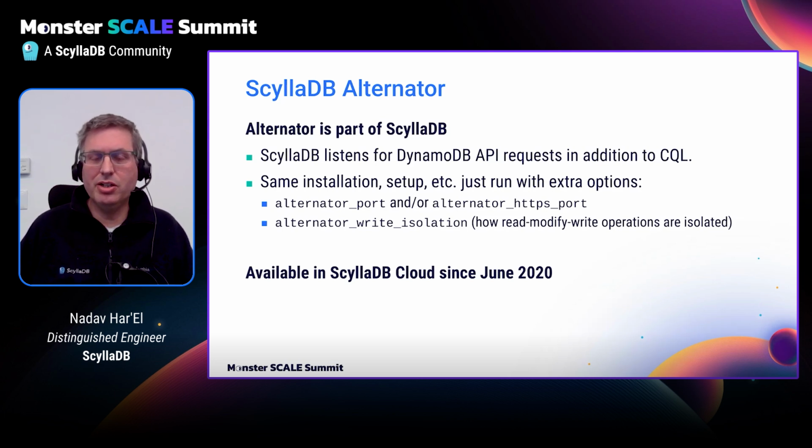You just have to set some options to enable Alternator. There's an option on which port to listen, and also an option about how read, modify, write operations are isolated. But that's it. Your cluster can support both CQL and the DynamoDB API. And Alternator is available in ScyllaDB Cloud since June 2020.